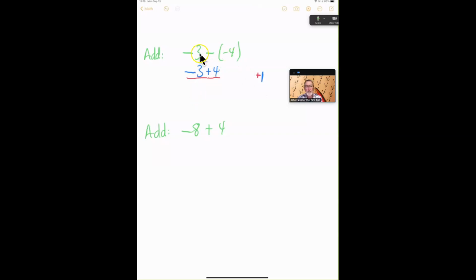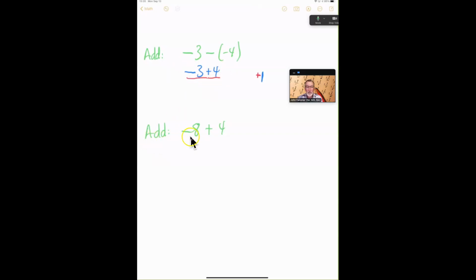So -3 minus -4 can be rewritten as -3 plus 4. Now you can see clearly the signs are different. So we'll take the difference between those two numbers, which was 1, and then we look for the number with the larger absolute value, and we keep that sign on the answer, okay? This may take some practice, but this is a pretty good way to do it.